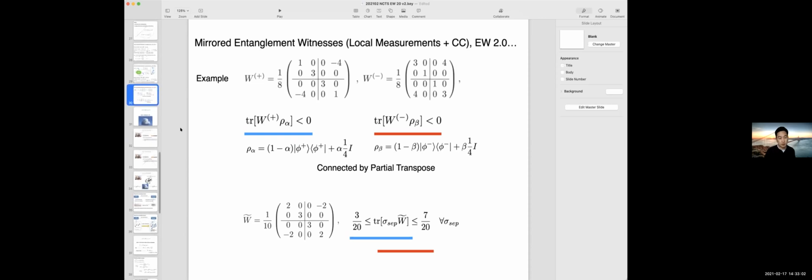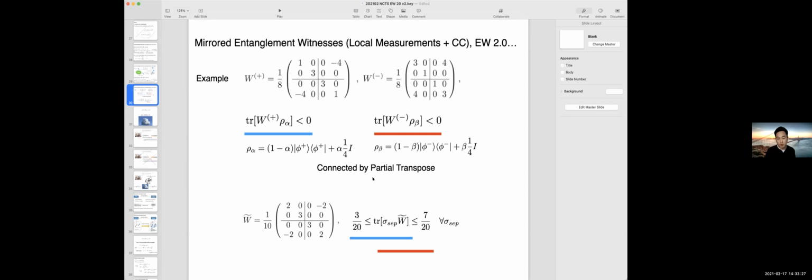For instance, here W plus and W minus. W plus can detect states in this form. Phi plus is |00> plus |11>, which is a maximally entangled state, and phi minus is |00> minus |11>. And I can tell you that no entanglement witness can detect both states at the same time.